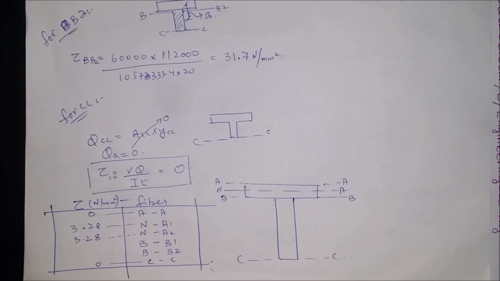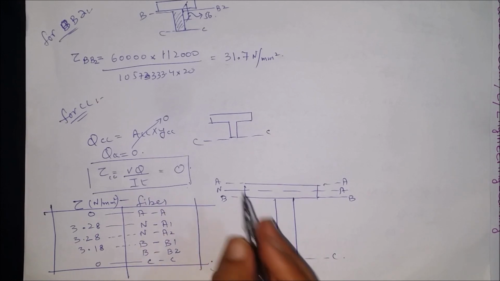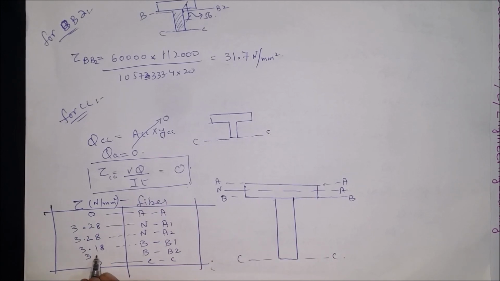It may be different or it may be the same. Fiber BB1, the value was 3.18, and fiber BB2, it increased drastically due to reduction in thickness, since stress is inversely proportional to the area. The more the area, the less the stress the member will take.